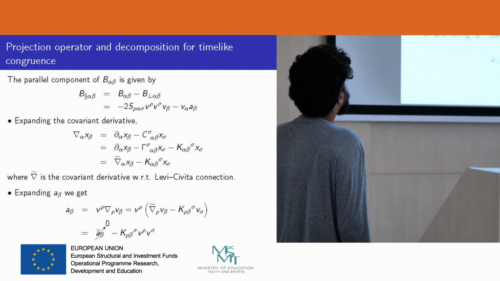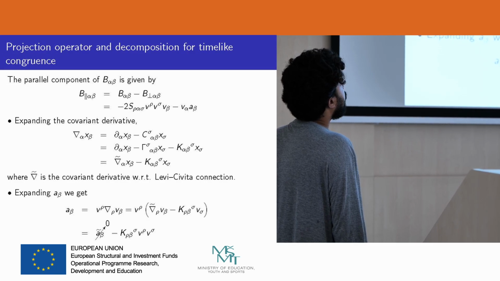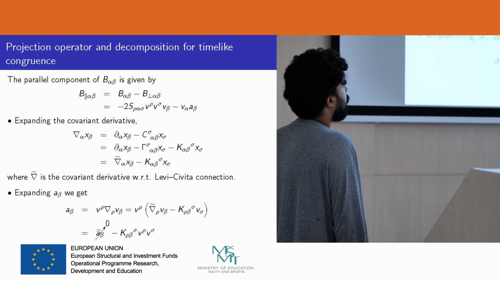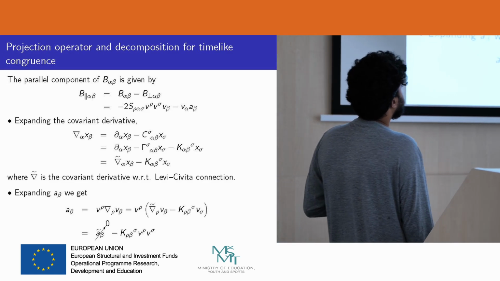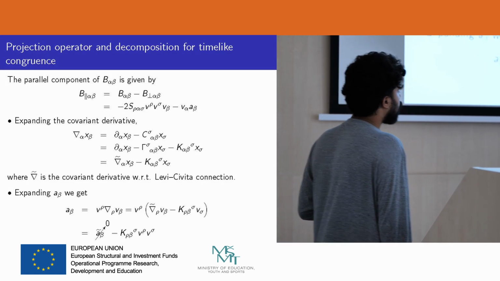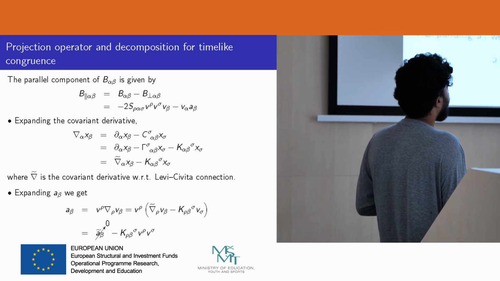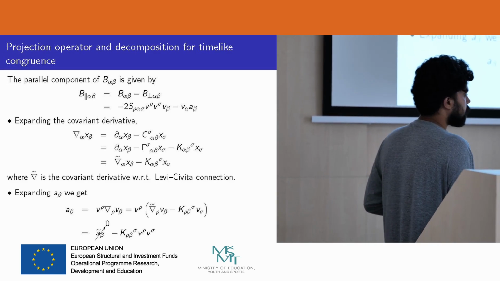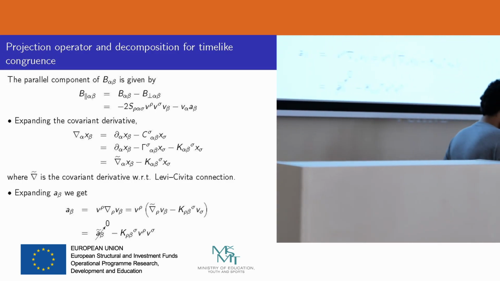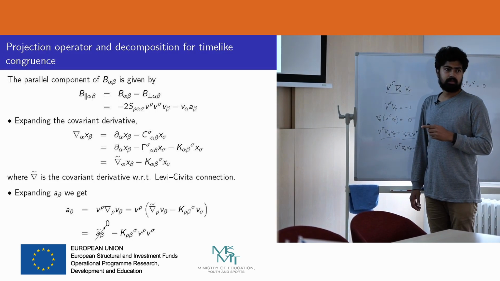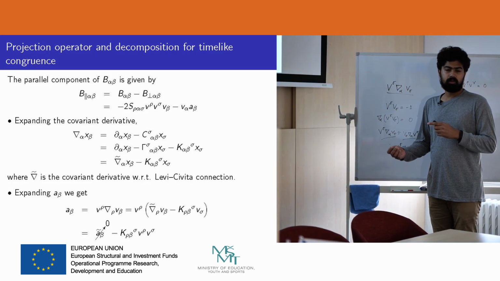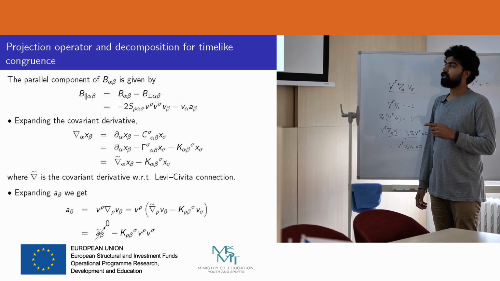So the parallel component of B alpha beta can be written as just subtracting the perpendicular component from B alpha beta, and we have here this, and we can see from this expression that if there is no torsion, this is 0 and this is also 0, because this A beta is acceleration, which is basically 0 if we are in GR.